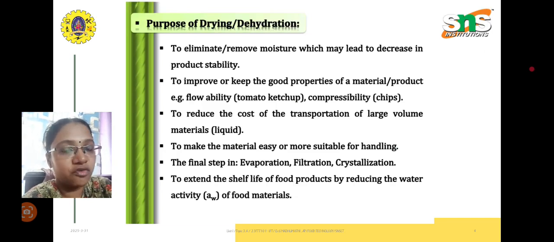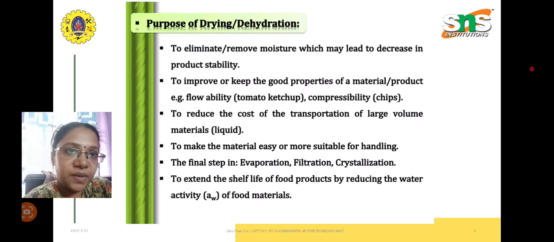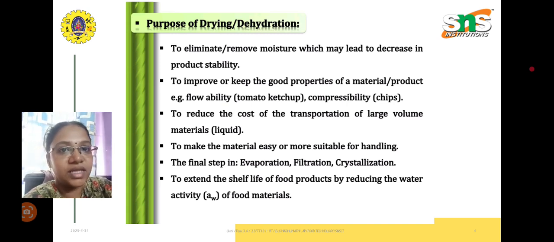So why should we go for the drying or dehydration process? Let's see. First, to remove the moisture which may lead to a decrease in the product shelf life, that is, the stability will be affected if moisture is more than the required level.